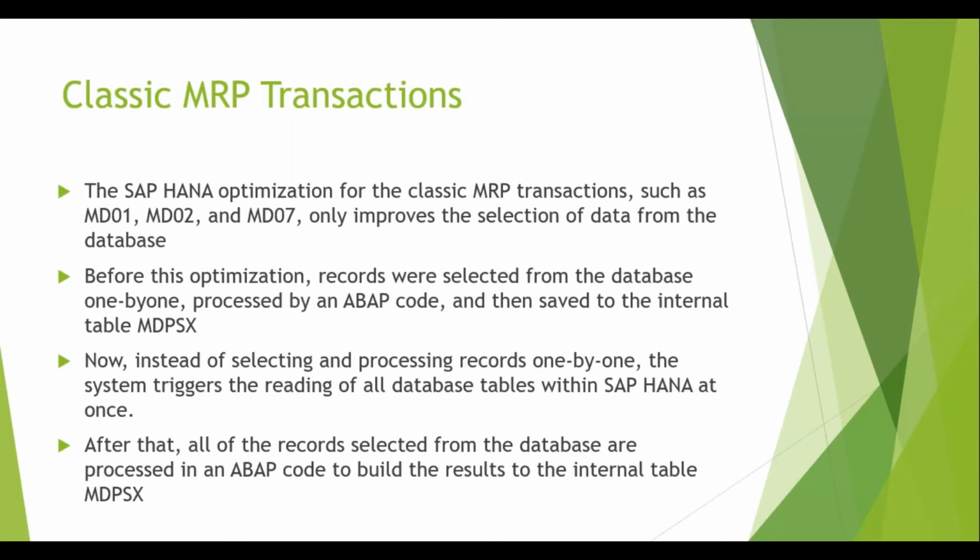Then came MRP on HANA, only on the HANA database, which allows you to perform the selection, the first step, in parallel, while the processing and storing of the data remain one by one. That is the reason SAP came up with MRP Live, in which the complete process, starting with database selection, to processing, to finally saving the result in the table, happens in a parallel way using the power of SAP HANA. MRP on HANA works on traditional transactions. MRP Live has a completely new transaction called MD01N.